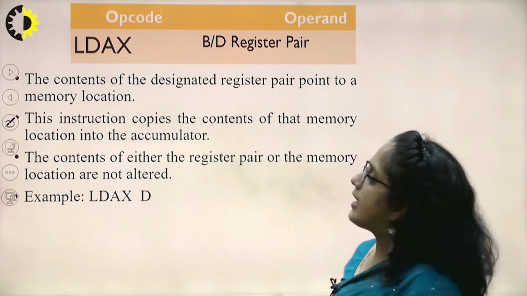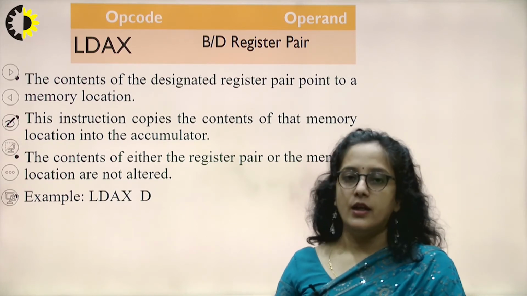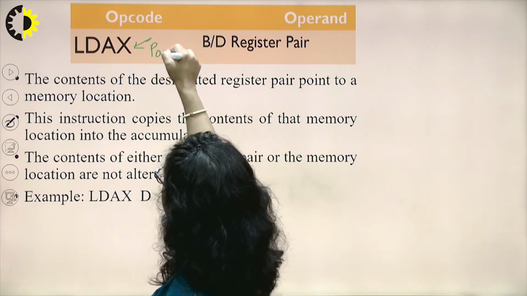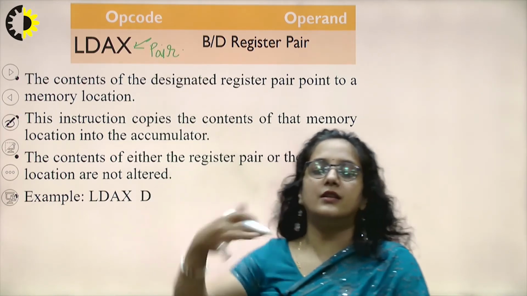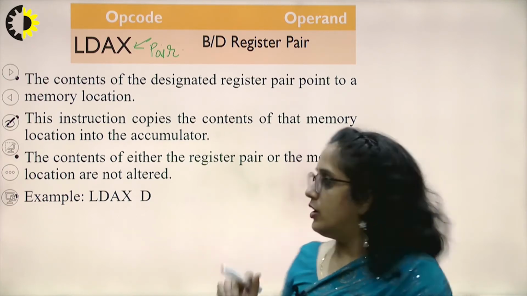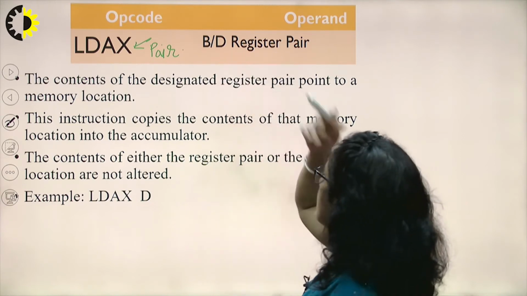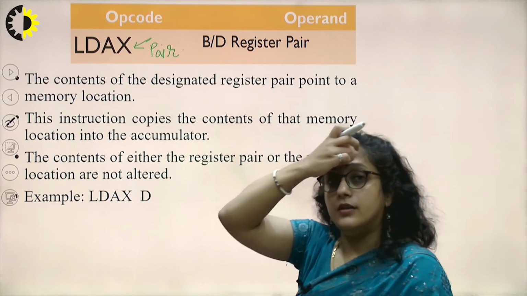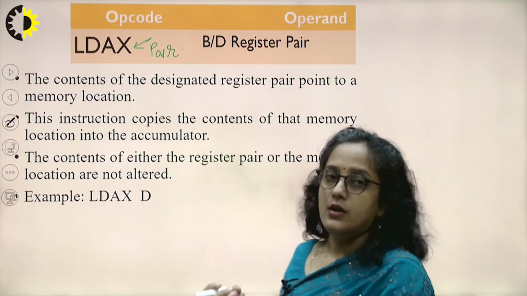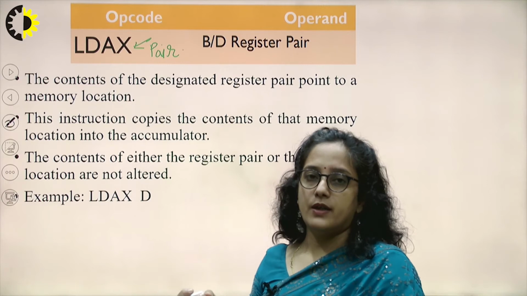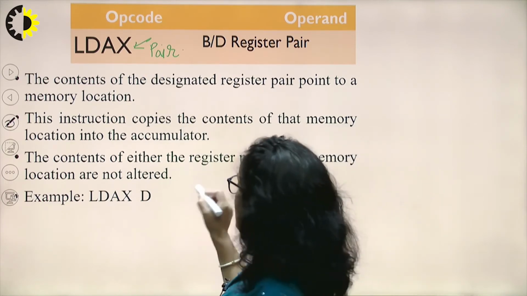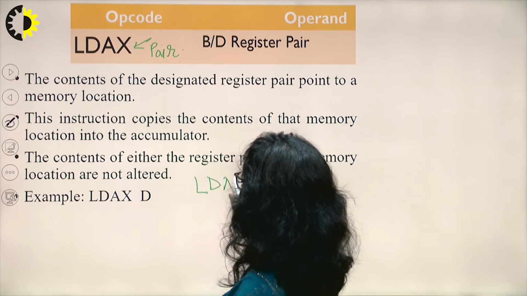The next instruction is LDAX D. Whenever this X comes, consider it as a register pair. LD stands for load. In this instruction, load the data from the register pair location.